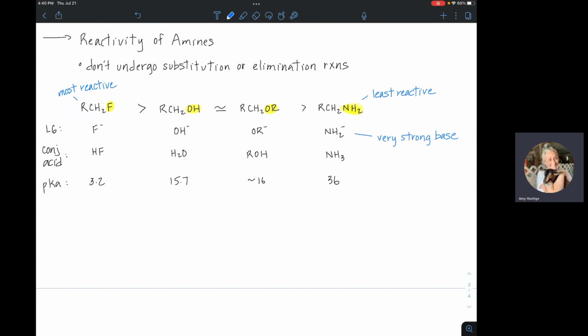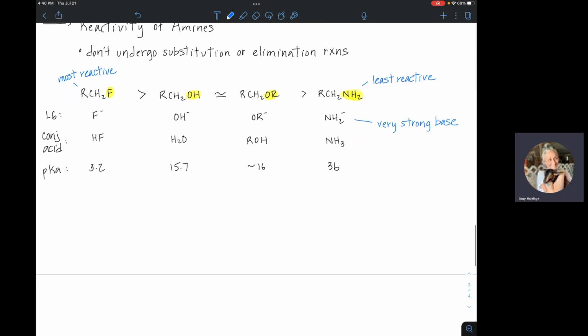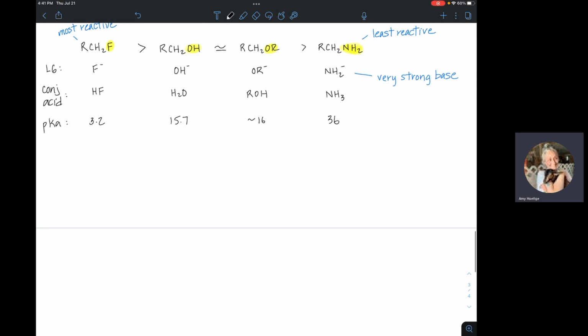Protonating an alcohol. So you might be wondering, hey, in the alcohol chapter, we talked about how you could encourage an alcohol or an ether to undergo a substitution reaction by protonating the oxygen and creating a weak base, which is a decent leaving group, right? So protonating the alcohol, for example, we take, say, just ethanol, plus some proton.